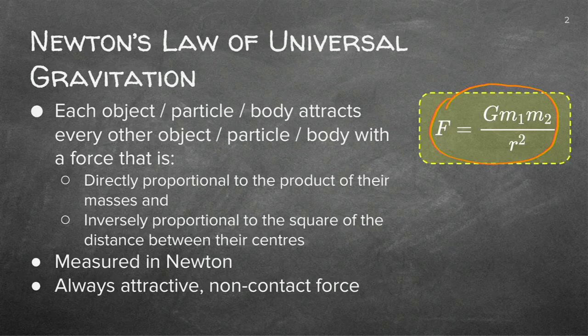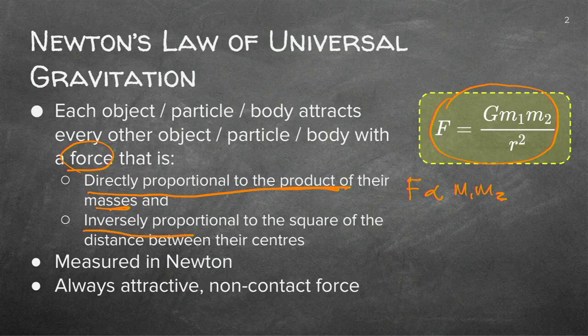But bear in mind that Newton postulated this and he deduced it from his law, which said the force is directly proportional to the product of the masses. The force is directly proportional to mass 1 times mass 2.